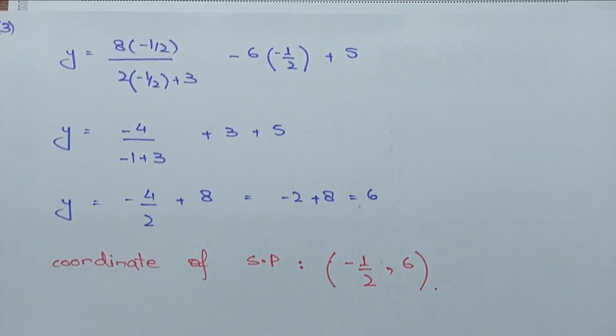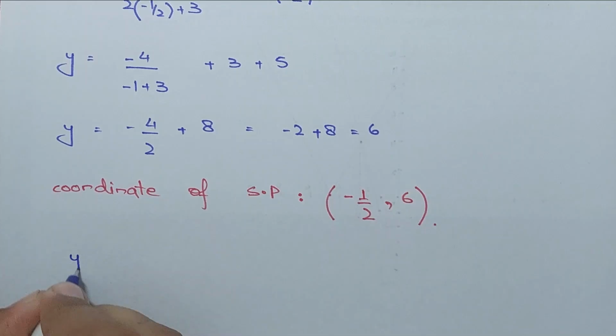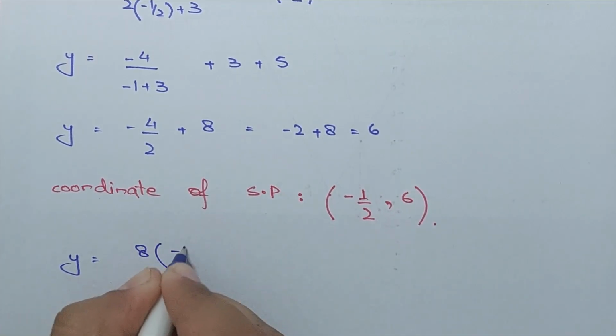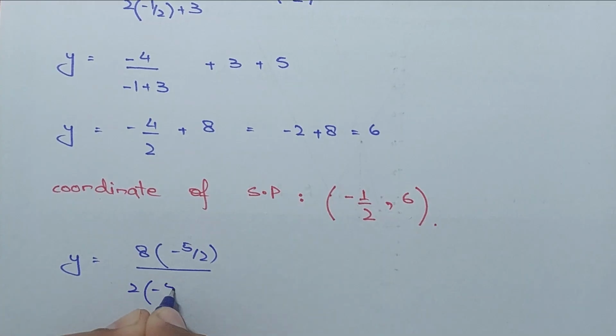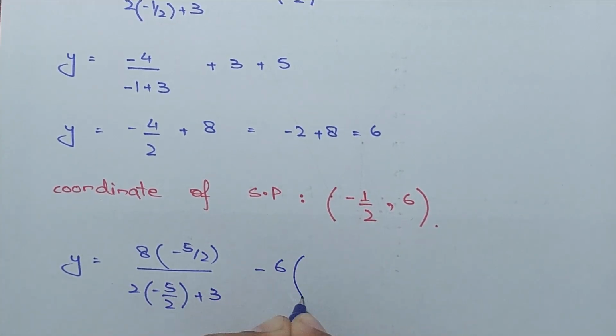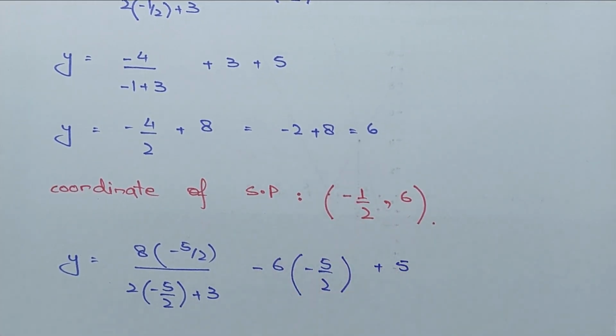Now let me put the second one. When the x value is minus 5 by 2, right? So y is equal to 8 times minus 5 by 2 divided by 2 into minus 5 by 2 plus 3 minus 6 into minus 5 by 2 plus 5. Okay.